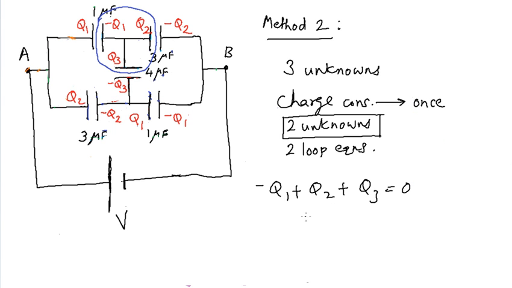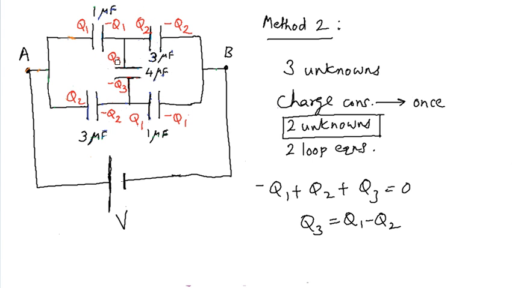From this equation, clearly Q3 is equal to Q1 minus Q2, and what I am going to do now is, if you look at the circuit, you realize that there is a charge here Q3 and a charge here minus Q3, which I am going to rewrite in terms of Q1 and Q2.